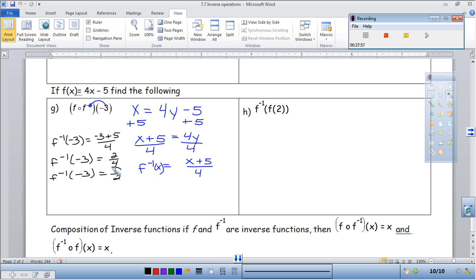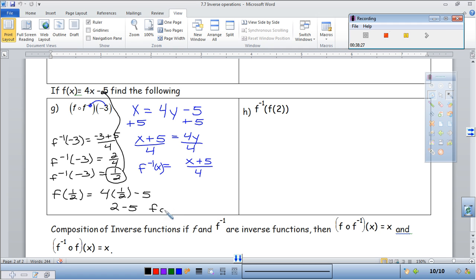Okay, so now you're going to take this and plug it back into our original equation. So I'm going to have f of 1/2 equals 4 times 1/2 minus 5. So this is 2 minus 5.